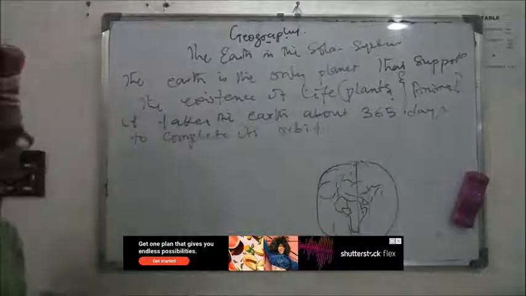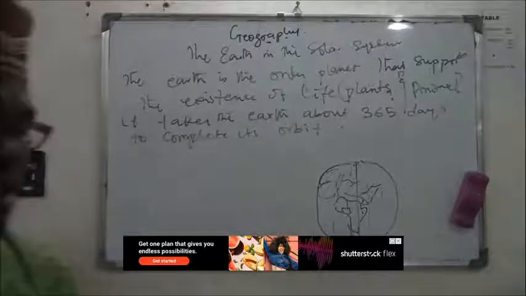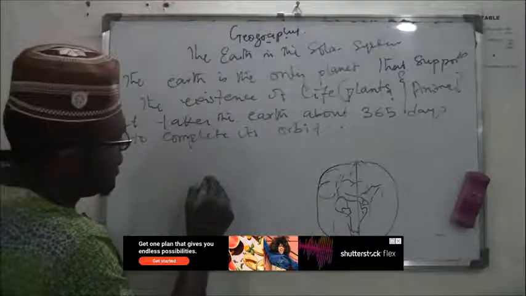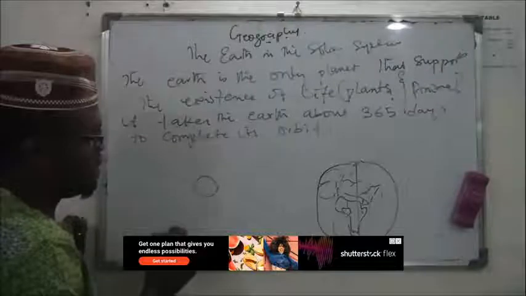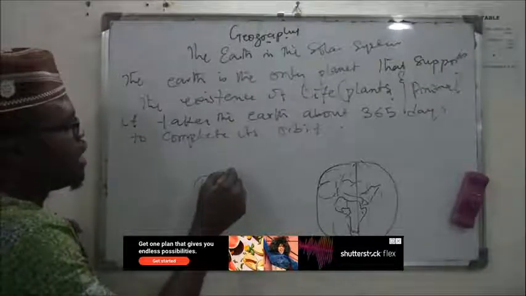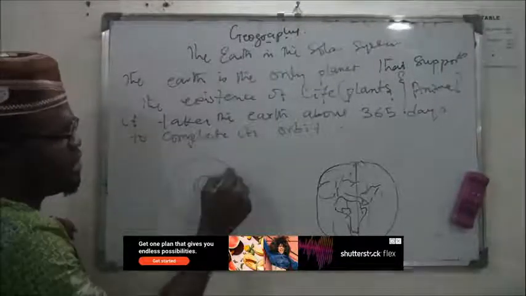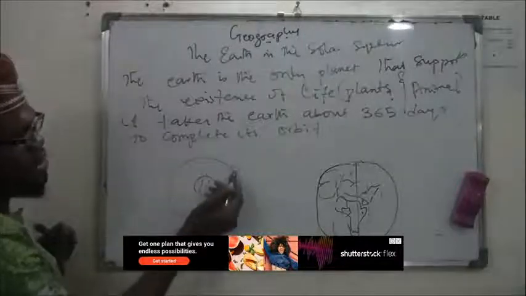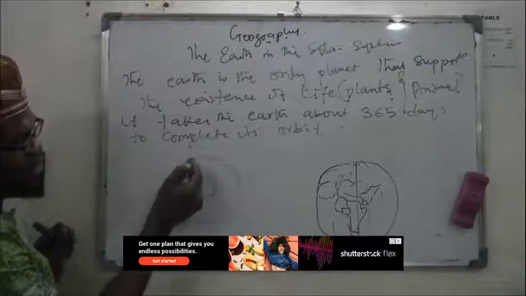What do we mean by this? It simply means that if this is the sun in the solar system, like I told you, the other planets revolve around the sun. So let's say this is the Earth, revolving around the sun.